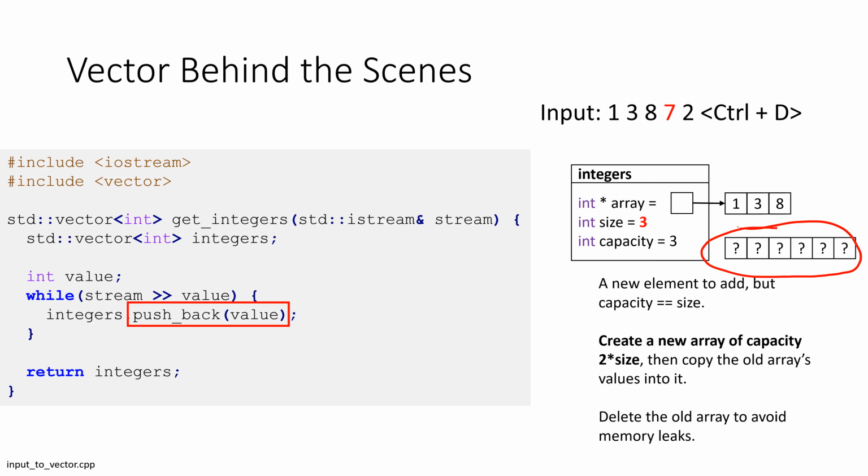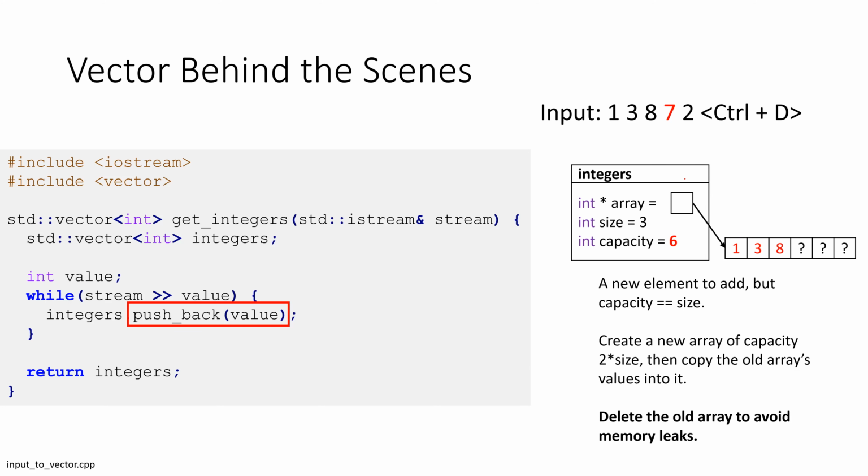So it doesn't allocate 4, it allocates 6. And then it's going to copy over all the existing data. So it goes through all those 3 elements, copies them all over. It makes this internal pointer array point at the new storage, and it deletes the old storage to avoid a memory leak. And now it has room to store the entry, the 7.